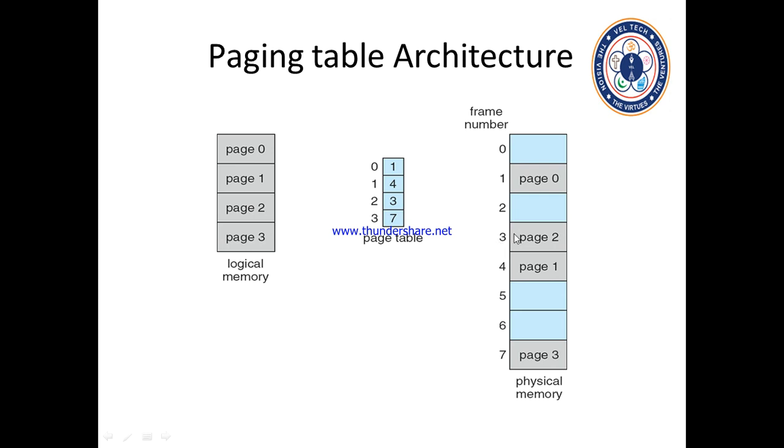So the corresponding page, page 2, is located in frame number 3. Inside the boxes is the frame number, and 0, 1, 2, 3 is the page number. Then page 3 is located in which frame? Frame number 7. So this is the page table which contains the record of which page is located in which frame.